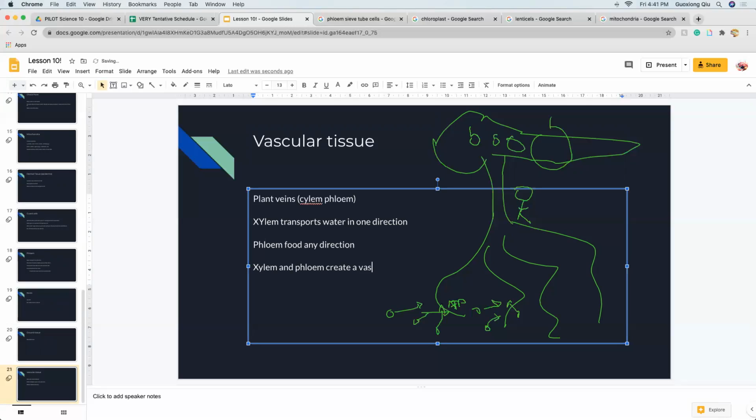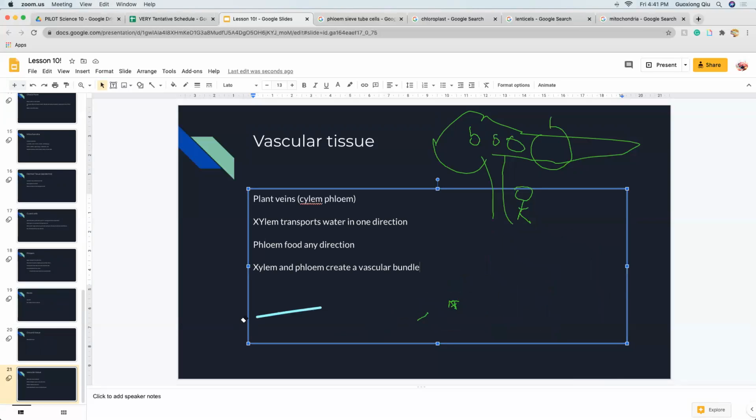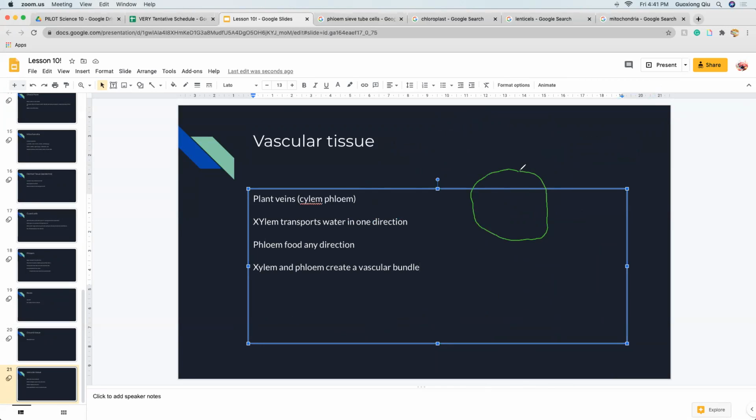create a vascular bundle. So first, let me erase this horrible drawing. And then we're gonna pretend this is a plant stem, and we're looking at it from above.